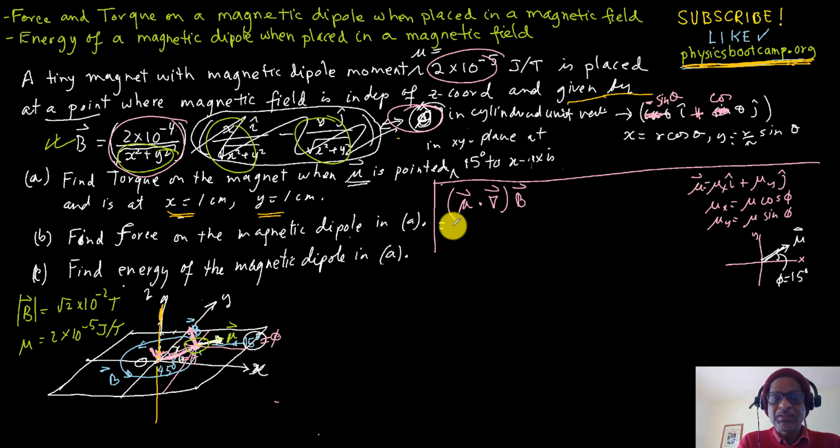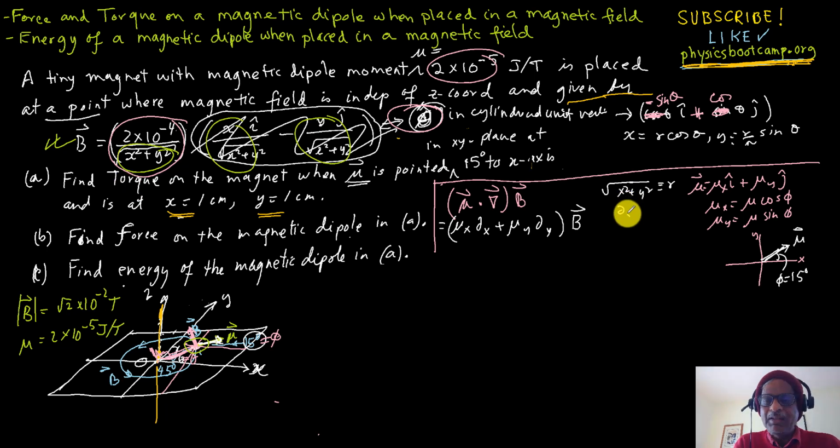So this just turns out to be mu x, take derivatives of x, plus mu y, derivatives of y, of this B vector. And we know all the x's and things like that here, right? So we are also going to write x square plus y square as r, just for simplicity of the formula.